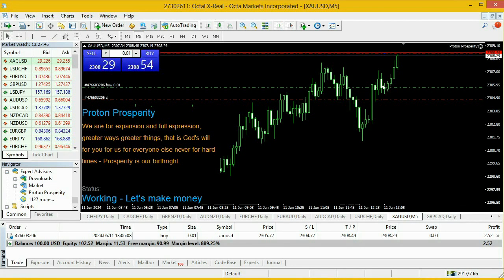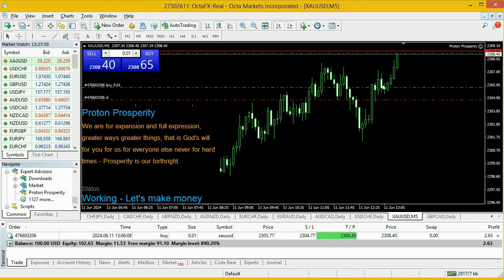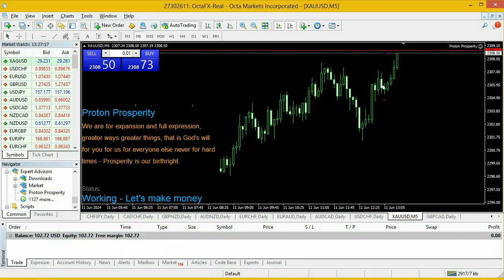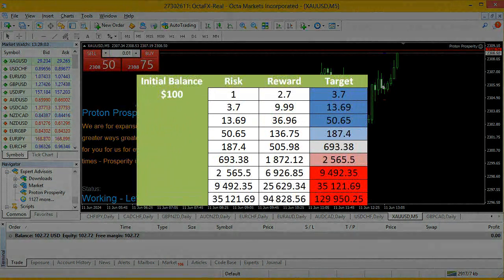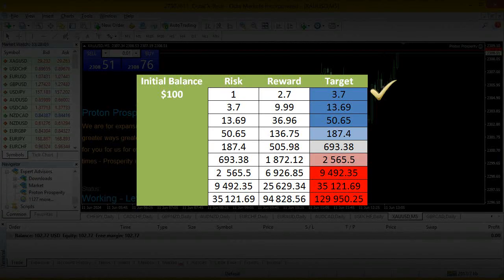Almost there. Take profit triggered. There we are, our first successful trade. That's how we got here. Now let's see how we get here.